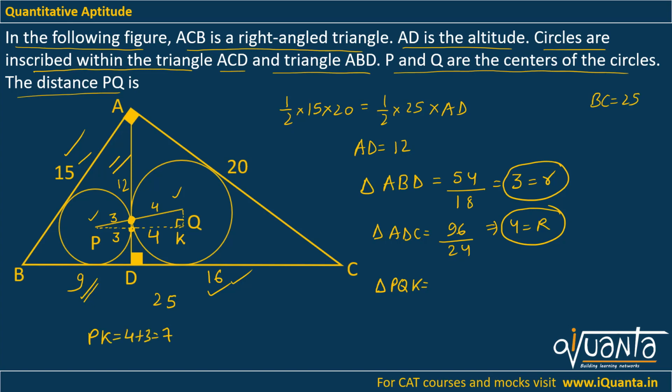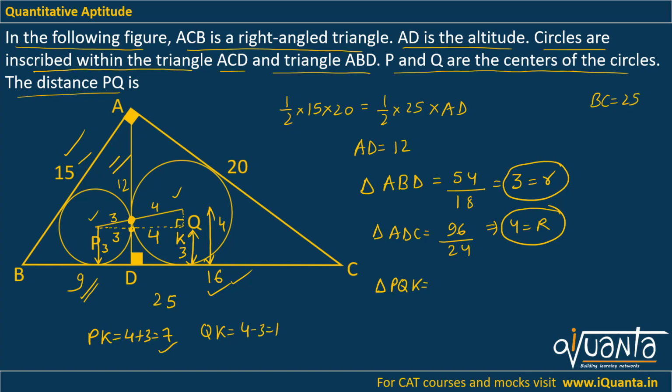In right angle triangle PQK, we have the length of PK, we need the length of QK now. QK will be equal to this much is 4, and this much is 3, because the radius of this smaller circle was equal to 3. So QK can be written as 4 minus 3, that means 1.